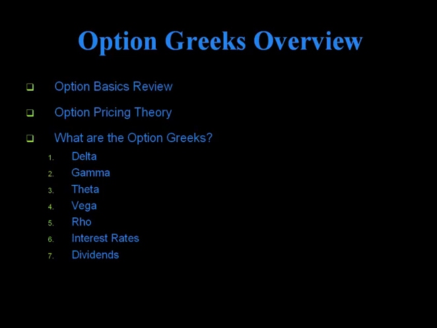And of course interest rates and dividends aren't considered an option Greek, but they do go into pricing, and changes in either interest rates and or dividends can affect option pricing, so we've included it in this educational video. And then of course at the end we're going to summarize what we covered here and their effect on option price and the underlying security. It'll be a nice little summary for you.